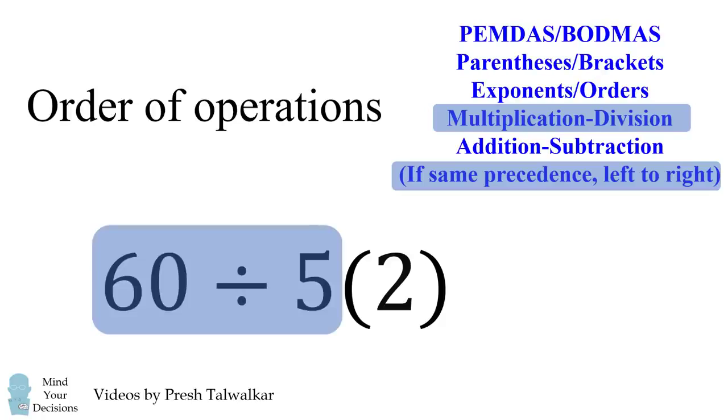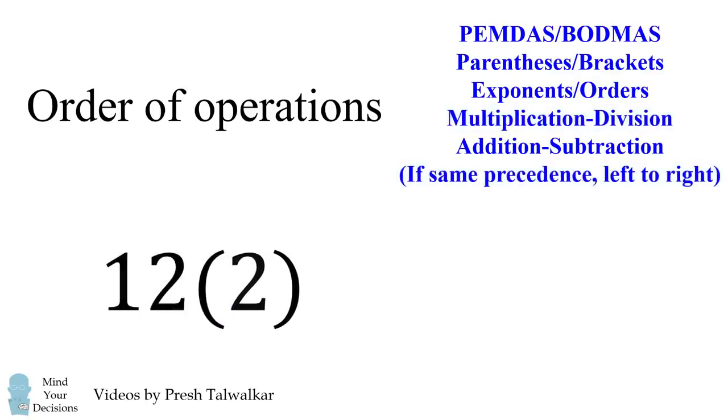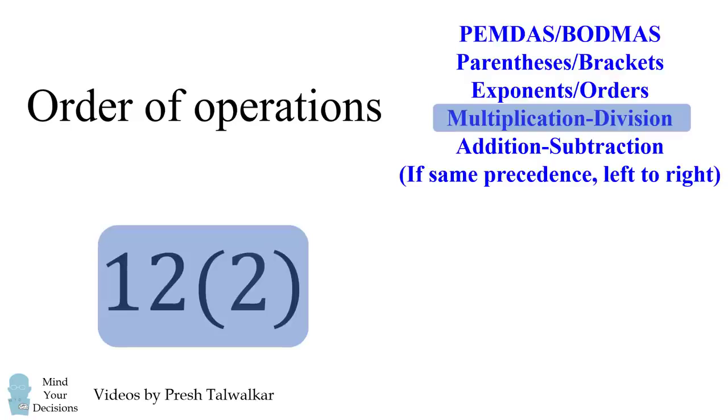Therefore, we should evaluate 60 divided by 5 first. This will be equal to 12. Finally, we evaluate 12 times 2, and that gives us the correct answer of 24. This is without a doubt the correct answer according to the modern interpretation of the order of operations.